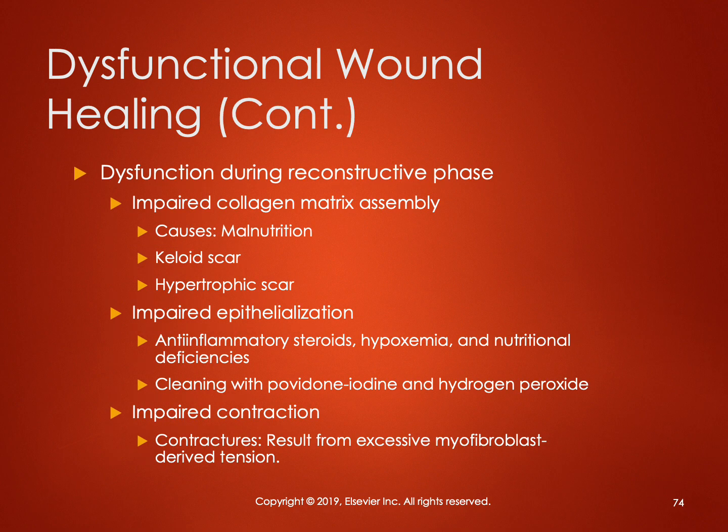When we're talking about dysfunctional wound healing, it's also good to note that, as you think about the 3 stages of wound healing, dysfunction can occur in any one of those stages, any place in that process. Depending on which stage you have the dysfunction, you could see manifestations present differently in your patient.